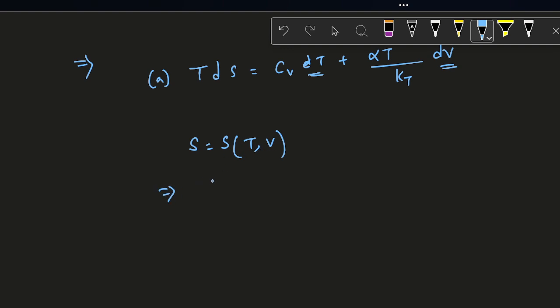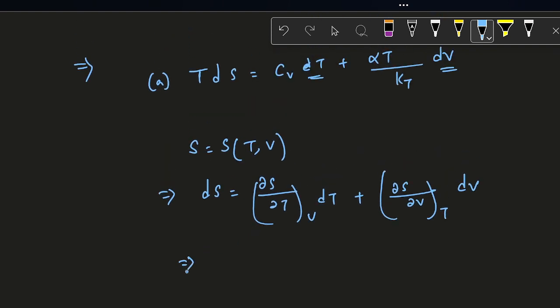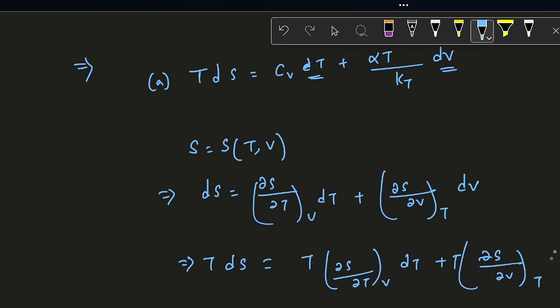So if that is the case, then you know that dS equals, just take the partial derivative, del S del T at V constant dT plus del S del V at T constant dV. Now just multiply both sides by T, so it becomes T dS equal to T times del S del T at V constant dT plus T times del S del V at T constant dV.